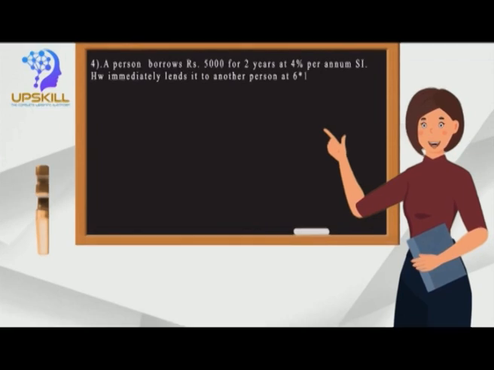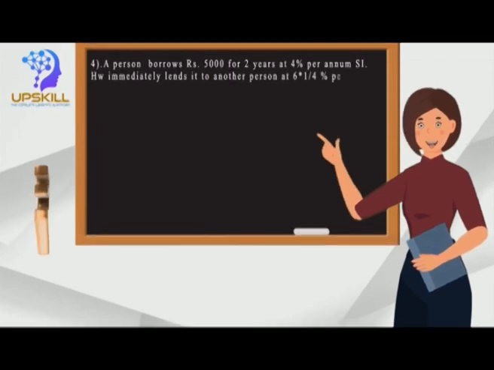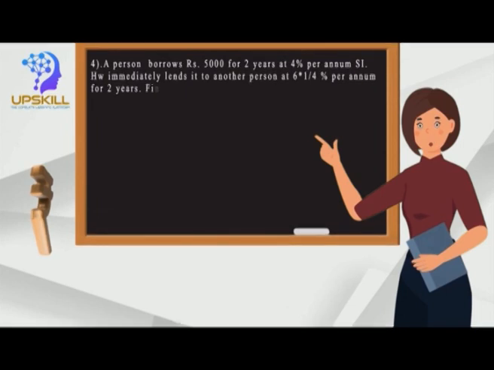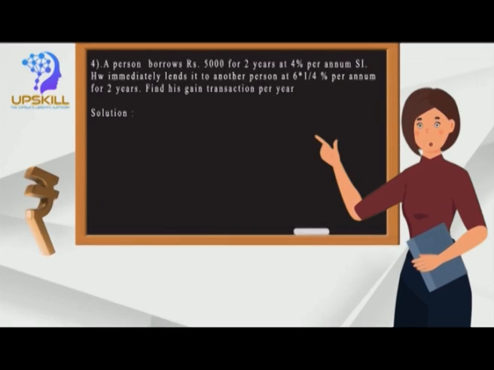So PNR by 100 for the first minus PNR by 100 for the second. Here the first is equal to 5,000 into 2 into 6 1/4, which can be written as 25/4, the whole divided by 100, minus 5,000 into 2 into 4 by 100. By simplifying it, we get 625 minus 400, which is equal to 225.